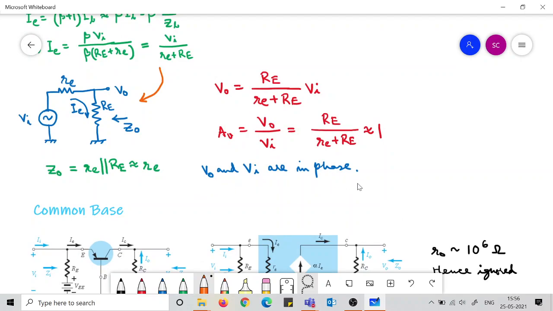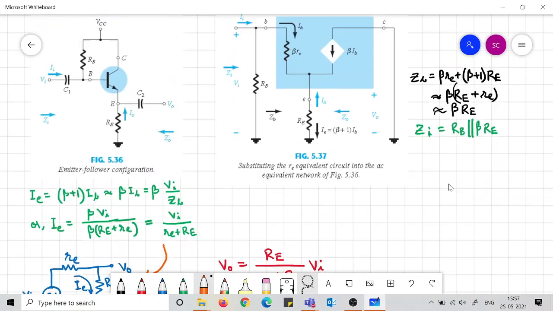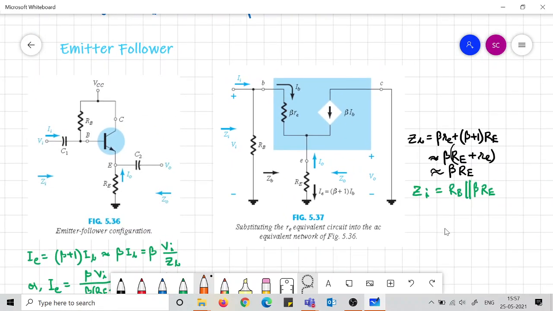You note that V0 and Vi are in phase in this case. V0 and Vi are in phase. This is the first configuration where we encounter this. From the value of AV and this phase relationship between V0 and Vi, we appreciate now why this configuration is called emitter follower.